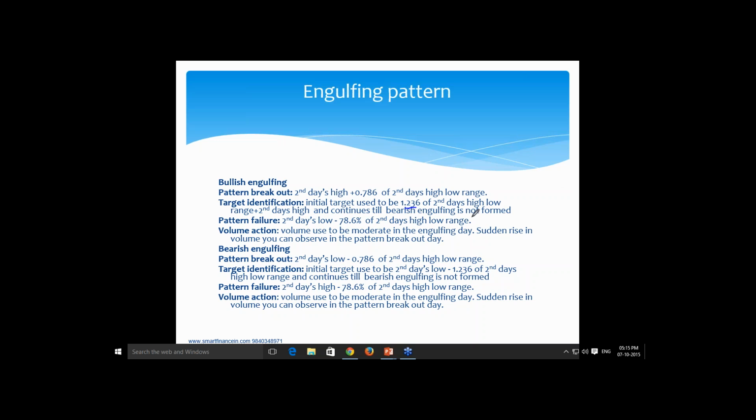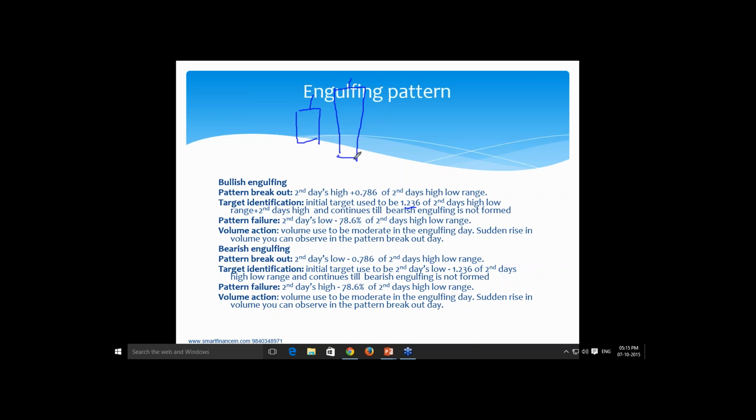When this pattern fails: suppose a bullish engulfing pattern has formed, with a first day candle, and a second day candle which totally engulfs the first day's candle.